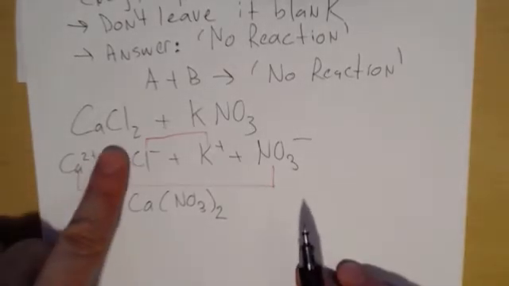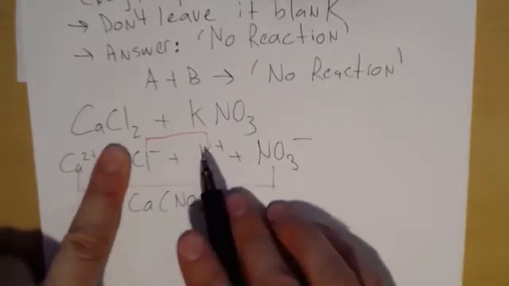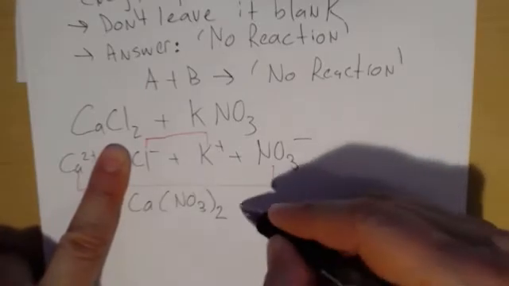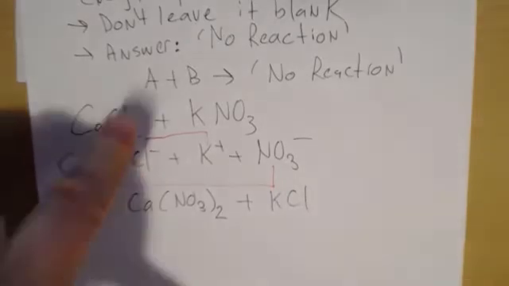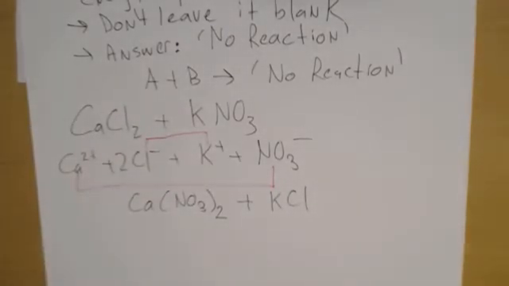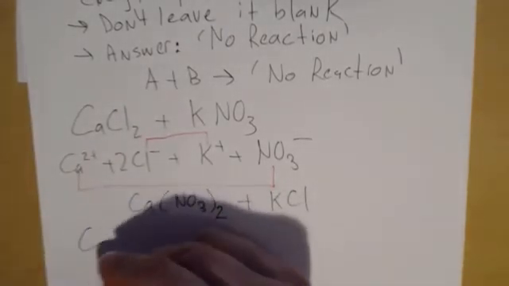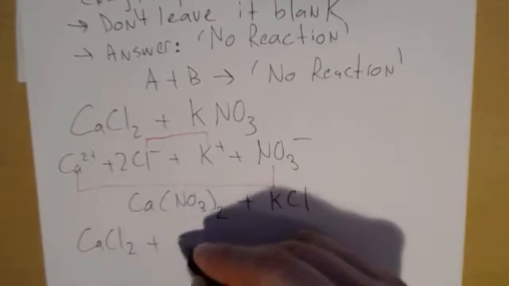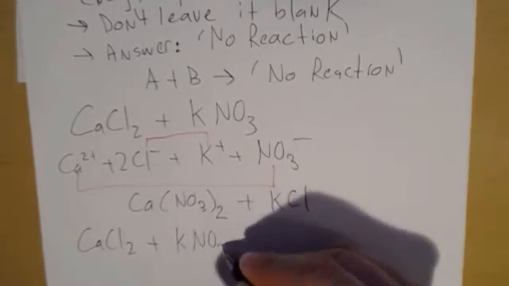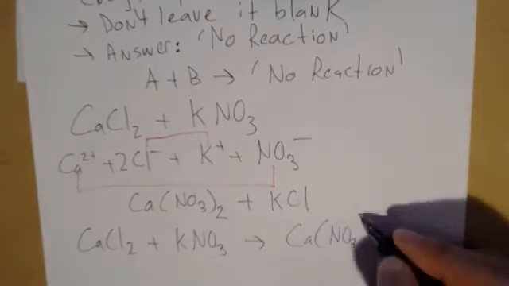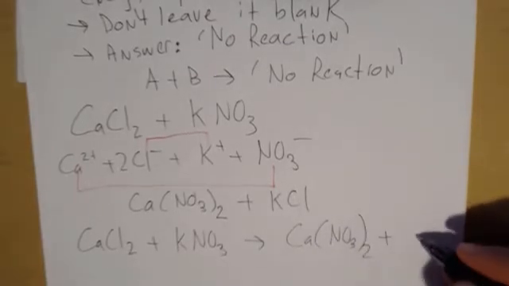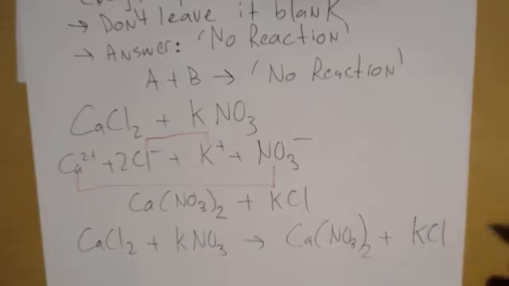And ignore the coefficient with the chloride. I have +1 and -1, and I want potassium. I want the metal first, KCl. So those are my products. And so I get calcium chloride plus potassium nitrate goes to calcium nitrate plus potassium chloride.